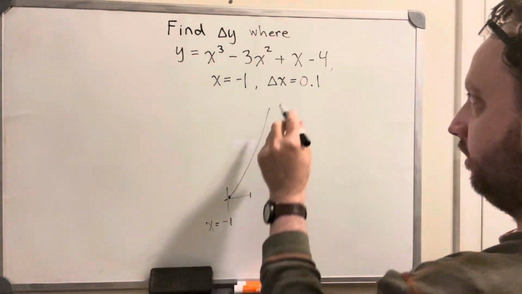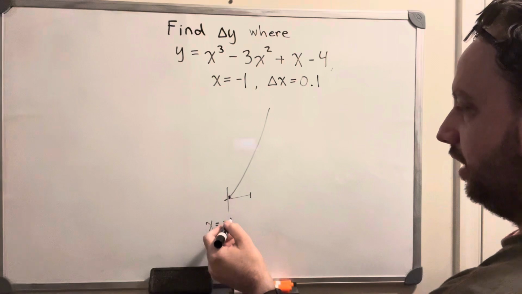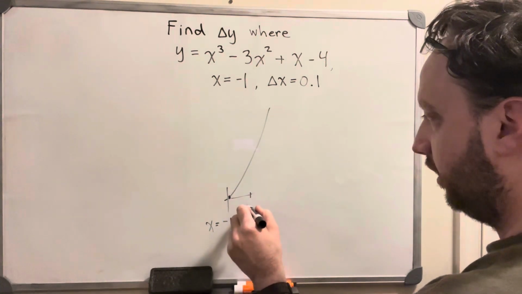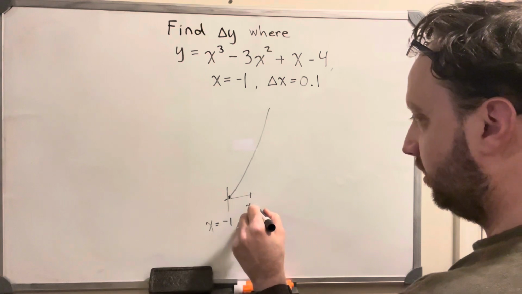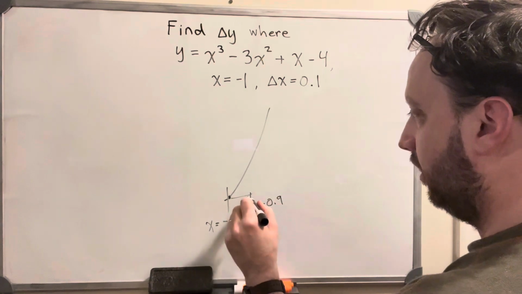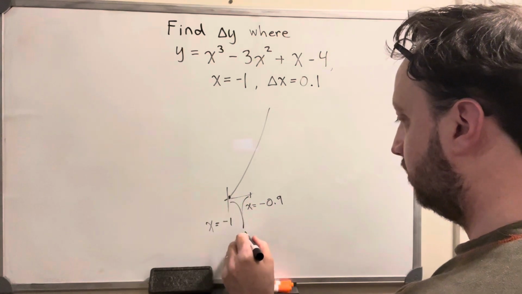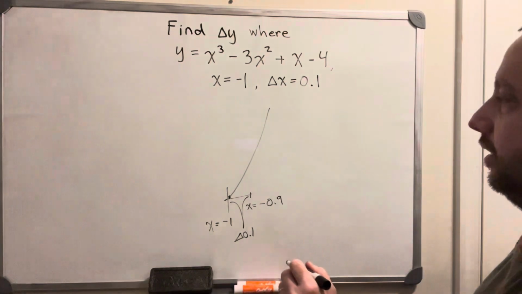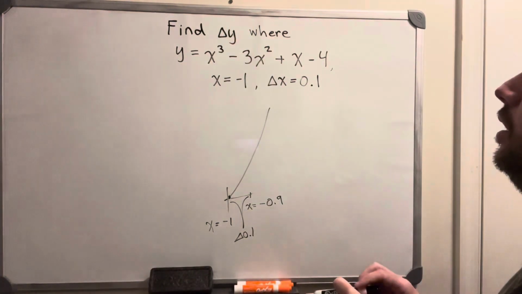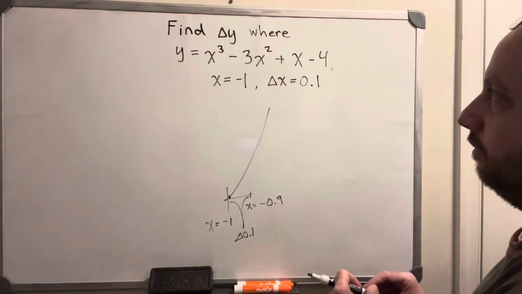So going 0.1 in the positive direction from -1, this point right here would be x equals -0.9. So you see this delta x is 0.1. And what does it want us to find out? The change in y value of the function.